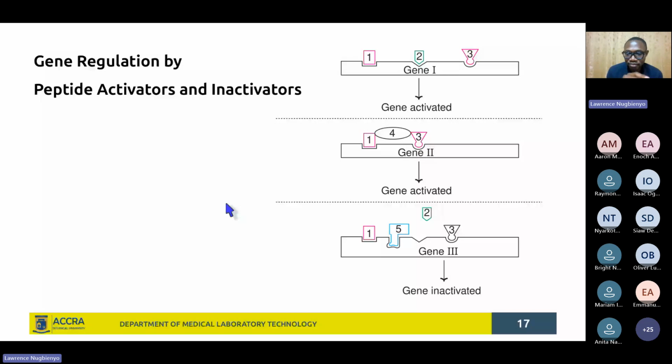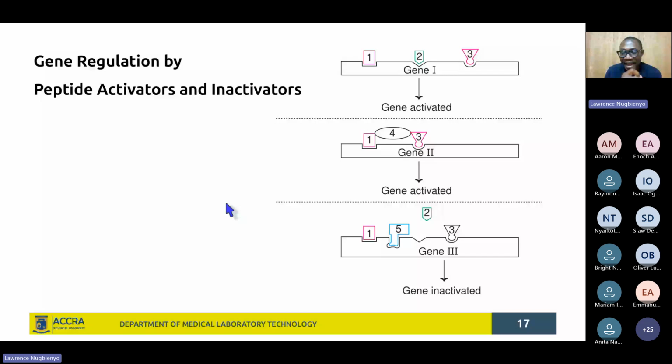Because right from the beginning, from Lac Operon, we saw that the inhibitor region gets transcribed into a messenger RNA. The messenger RNA gets translated into a protein. It is that protein that goes to bind to the operator region.